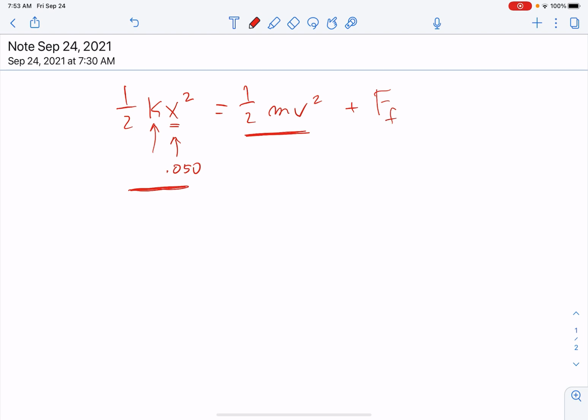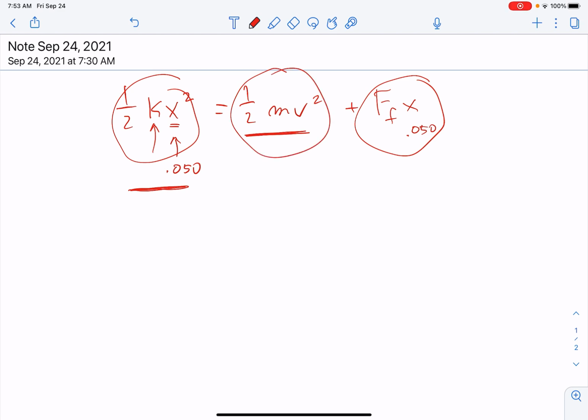So there would be my force of friction, and here would be that distance x, 0.050 meters, along which the block was rubbing on the horizontal surface. So all of my energy, to start with, is used up in two places: overcoming friction, and whatever's left contributes to the velocity of the block.